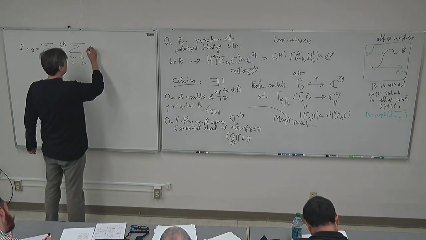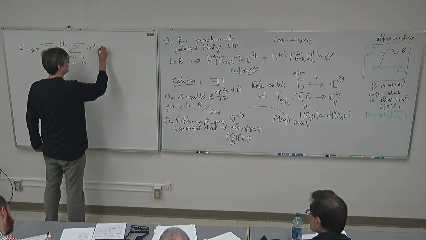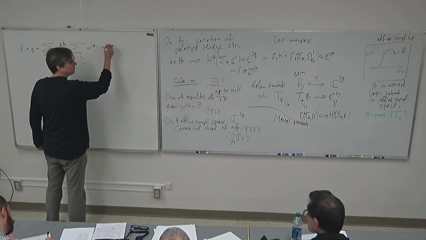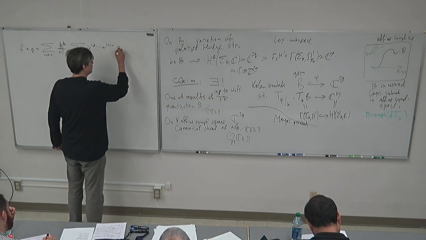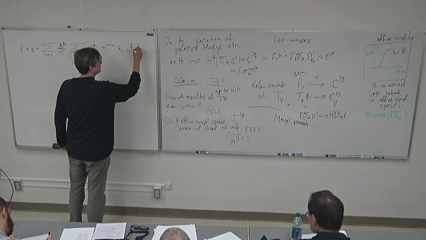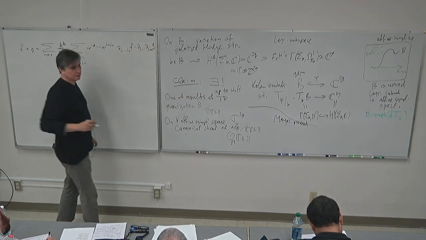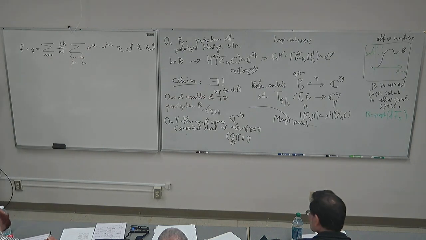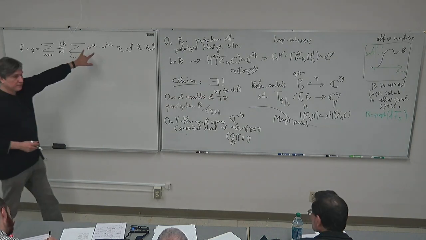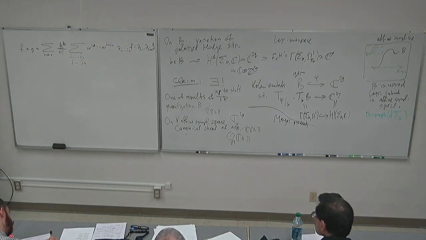I take omega i1 j1 ... omega coefficients of symplectic form, and take d i1 ... d in of f multiplied by d j1 ... d jn of g. This is a formula for the star product. It's covariant, invariant with respect to affine transformations preserving symplectic form.